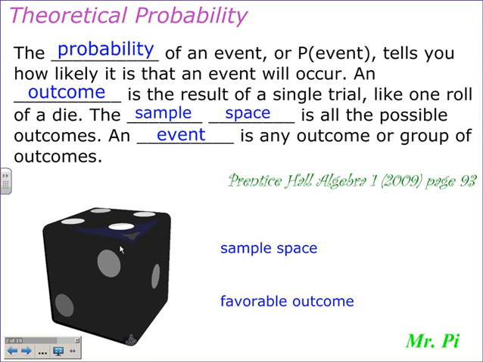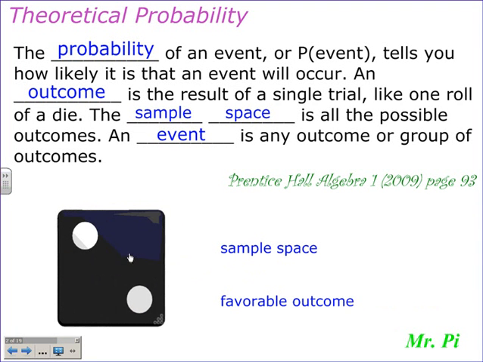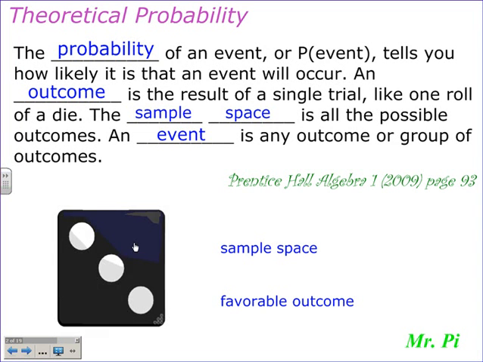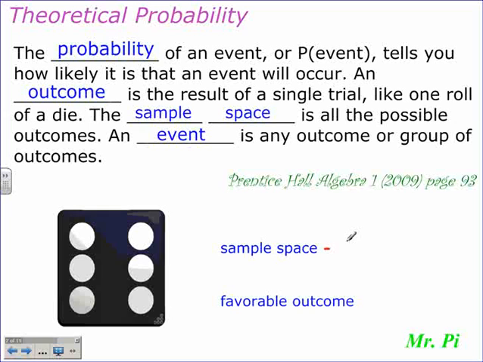If you roll any single die, you're going to get a number 1 through 6. That makes the sample space 1, 2, 3, 4, 5, or 6. This is our sample space, all possible outcomes, a total of 6.